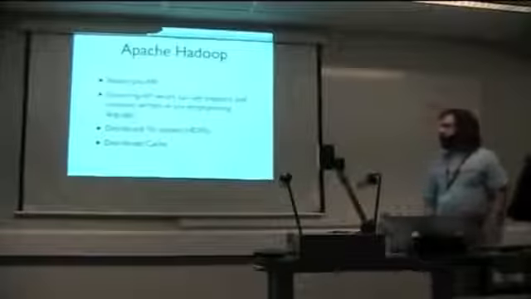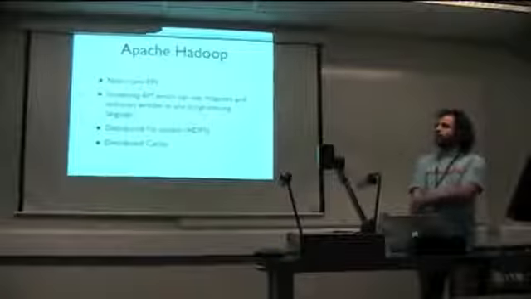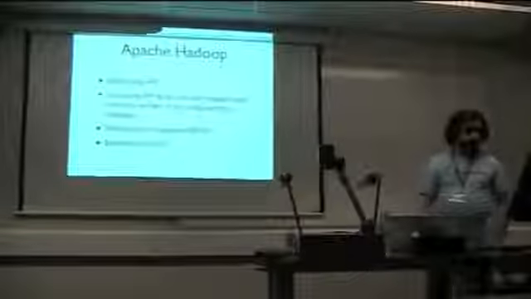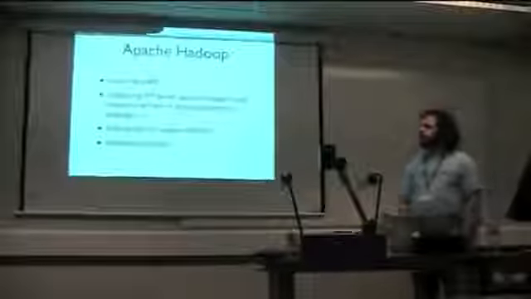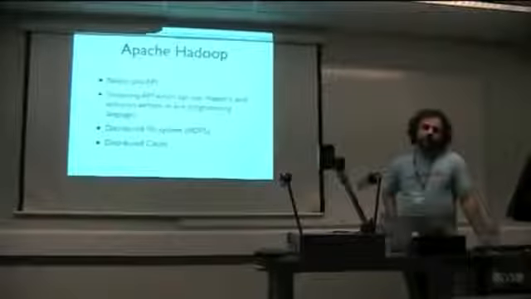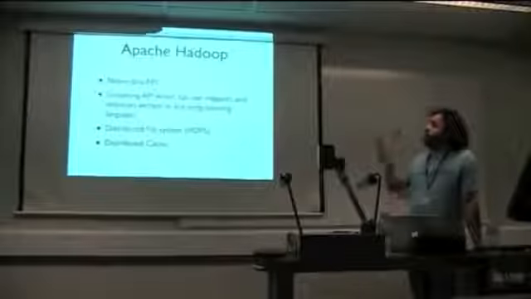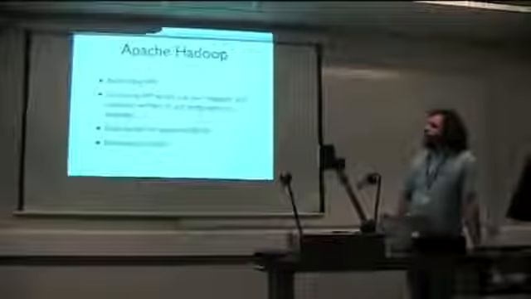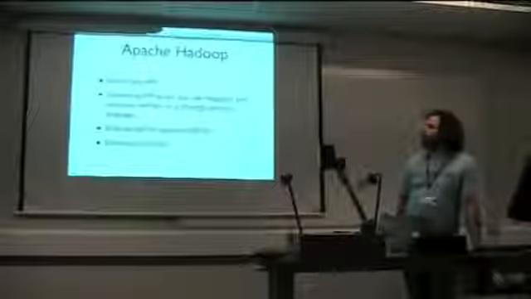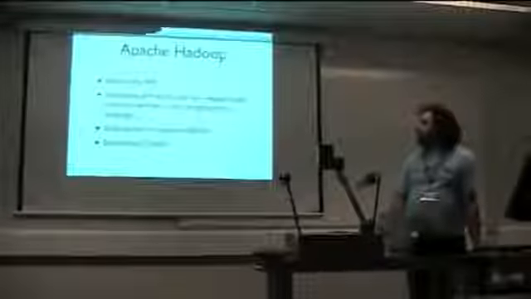Hadoop comes with a native Java API, so obviously you can write your MapReduce code in Java, but you don't usually have a pile of enterprise Java architects around. So Hadoop comes with a streaming API, and you can write mappers and reducers in any language you want, even Bash.